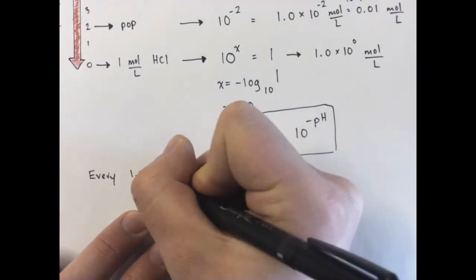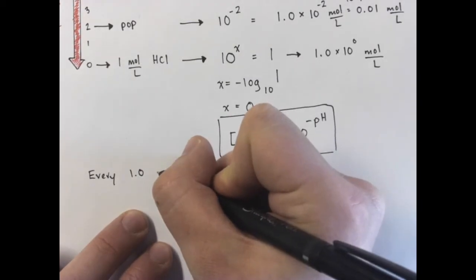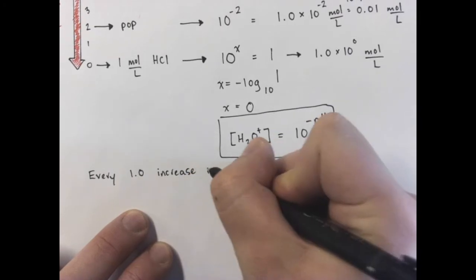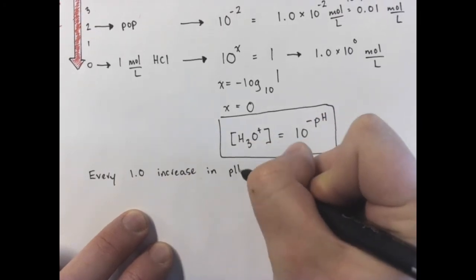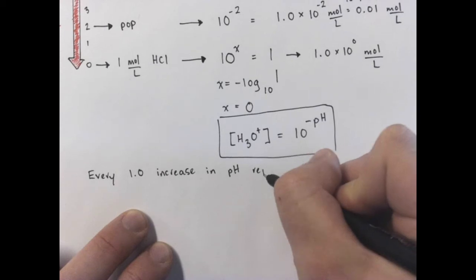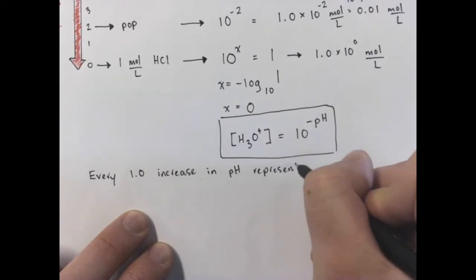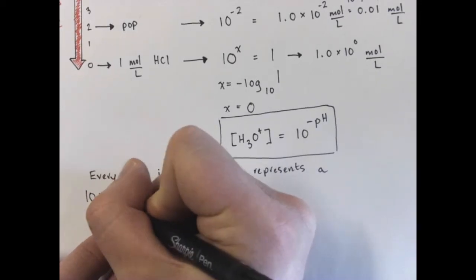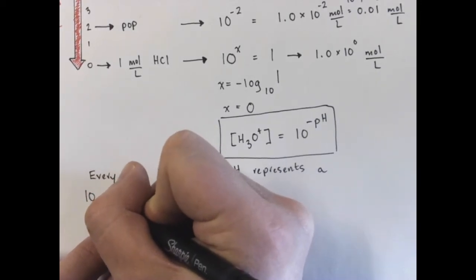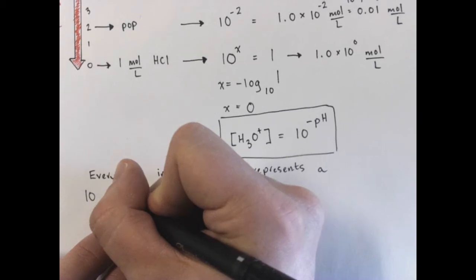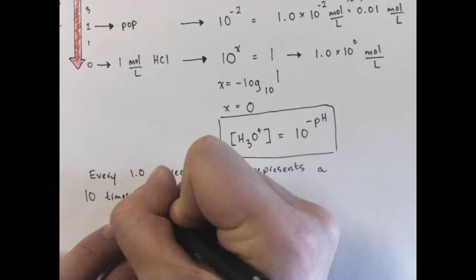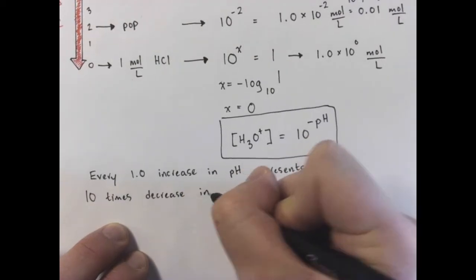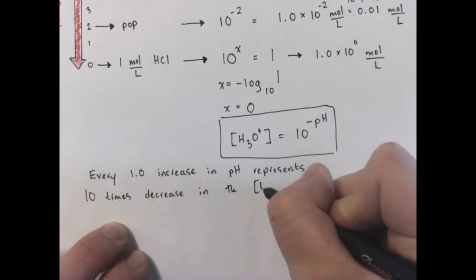So what it means is every 1.0 increase in pH represents a 10 times decrease in the hydronium concentration.